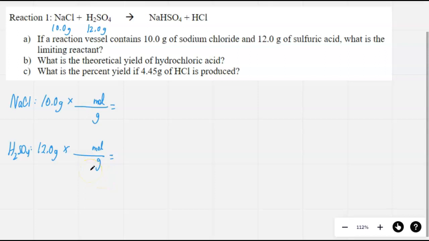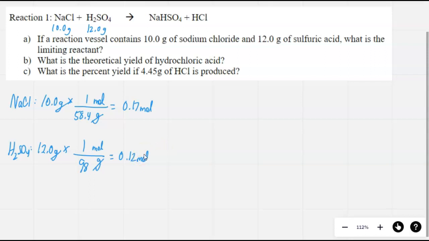Thankfully, these are on the board. So you can see there, NaCl is 58.4 grams per mole, according to the last class. And H2SO4 is 98 grams per mole. When I divide those out, I get 10 over 58 is 0.17 moles of sodium chloride mixed with 12 divided by 98 is 0.12 moles of sulfuric acid.